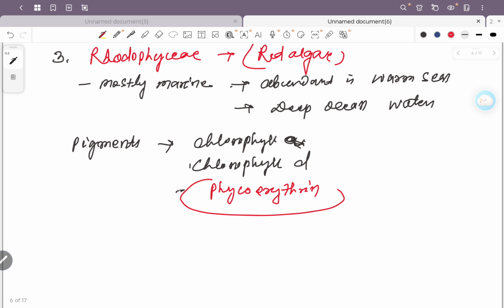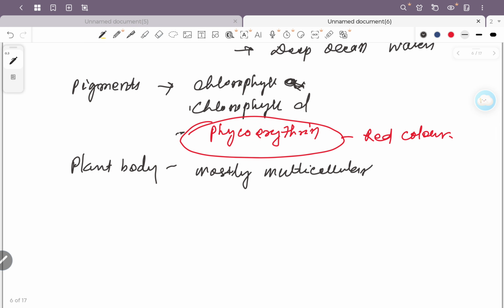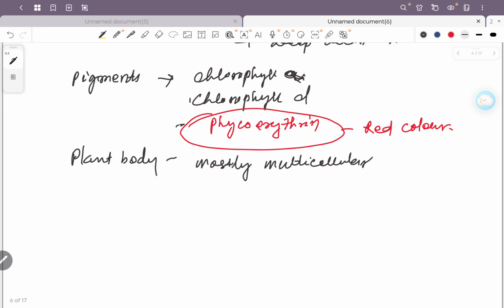So this is the red pigment, which provides red color to the algae. This is very important. Now come to the plant body. It is mostly multicellular, and they have a very high complex organization.